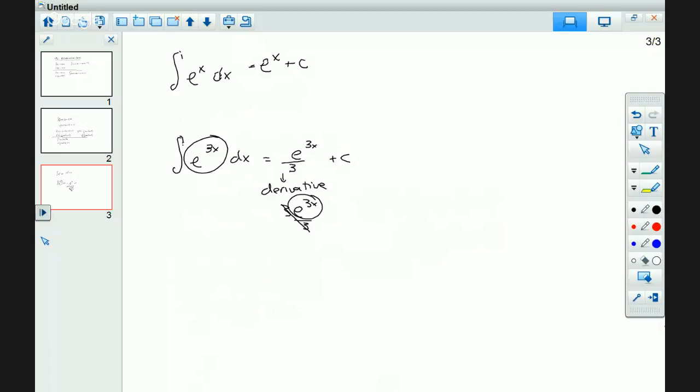So we've done the power rule, and we've done natural logs, and we've done cosine and sine, and we've done e to the x. Let me see if you can get this one.